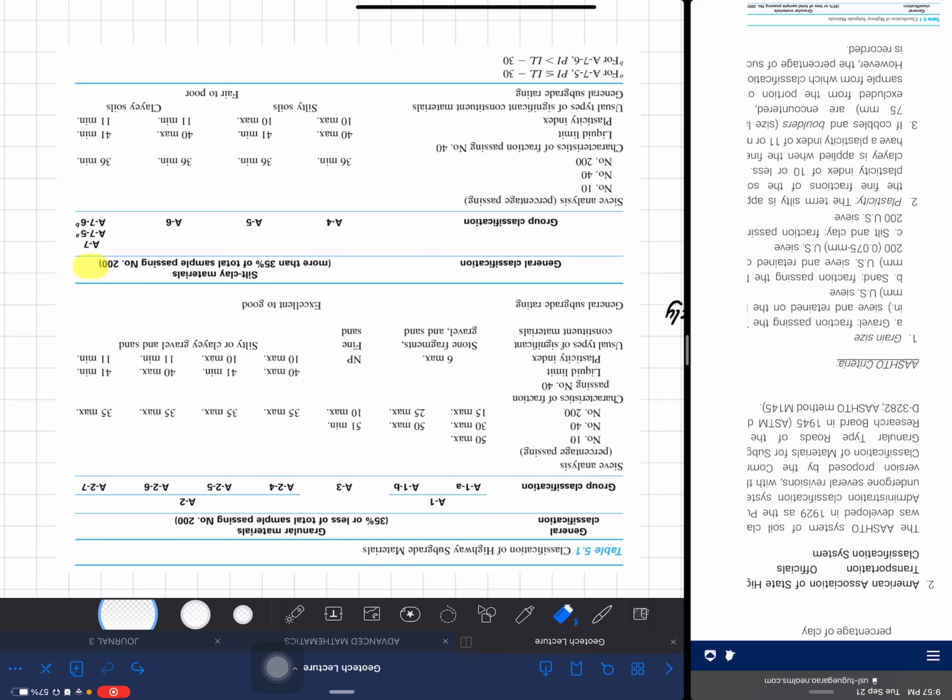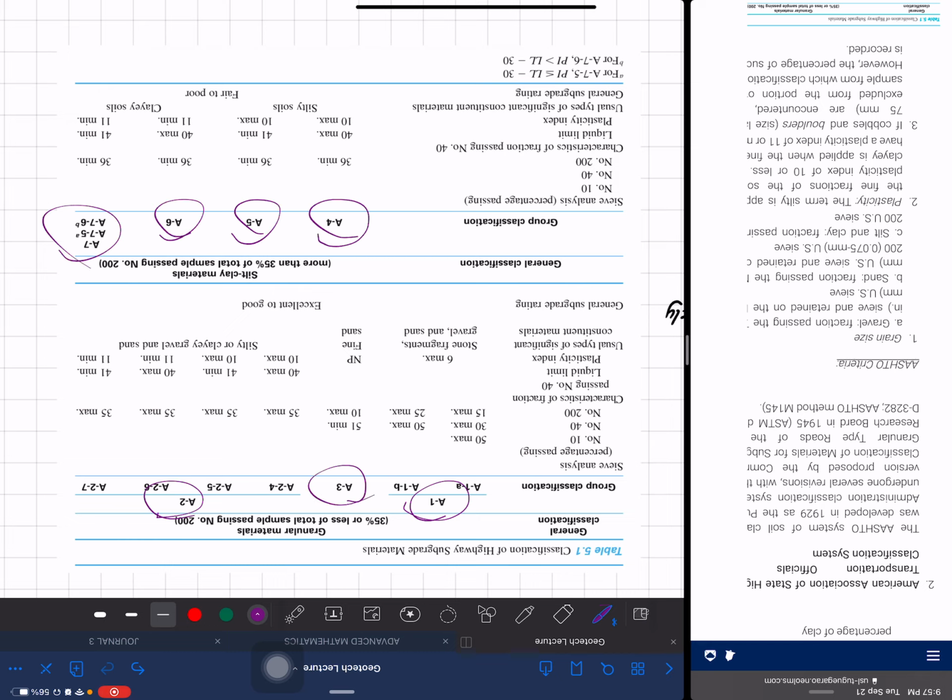Sa AASHTO, yung classification ng soil is actually alphanumeric. Okay, so alphanumeric siya. So, it's more on the characters. So, ito yung mga classification ng soil. Meron tayong A1, A2, A4, A5, A6, A7, A3. So, A1, A2, A3, mga ganyan.